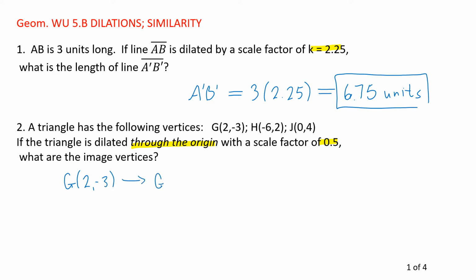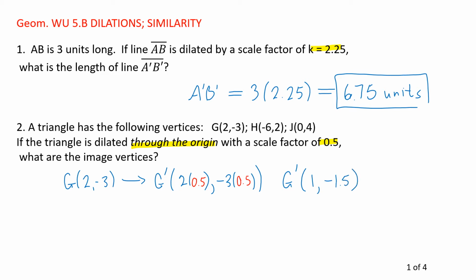To that, I'm going to multiply everything by 0.5. So 2 times the scale factor of 0.5, and -3 times the scale factor of 0.5. Because this is centered at the origin, you don't even have to have a picture of it. Of course, 2 times 0.5 is half of 2, is 1, and half of -3 is -1.5.